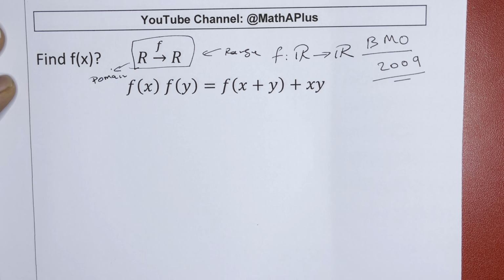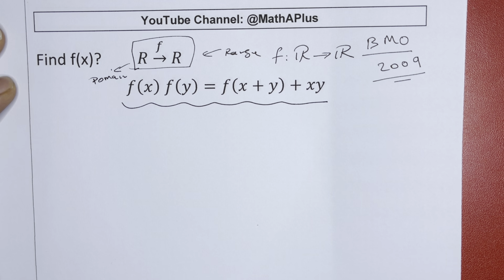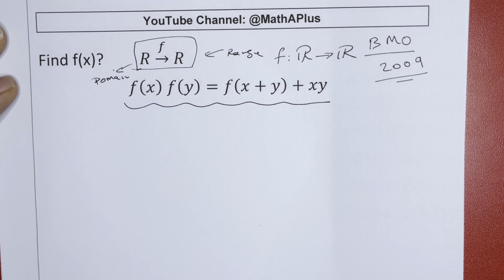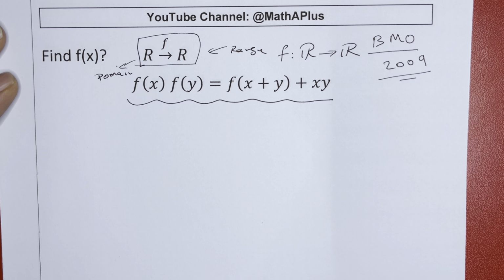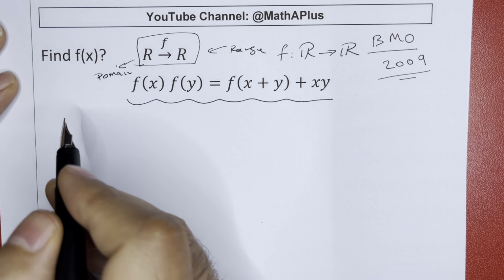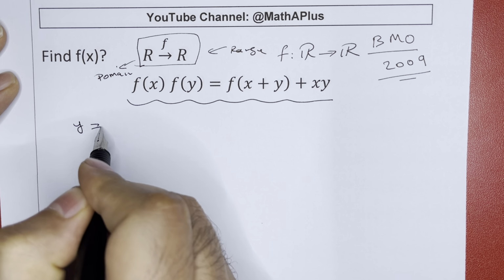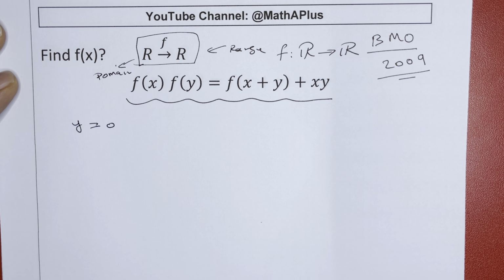Okay, so to solve this problem, whenever you see this type of formula, try to put some basic numbers like 0, 1, -1, depending, to get some idea what's going on. For example, the best thing, let's put 0. I'm gonna put y equal to 0, okay?